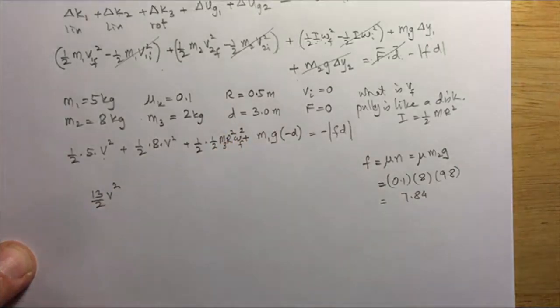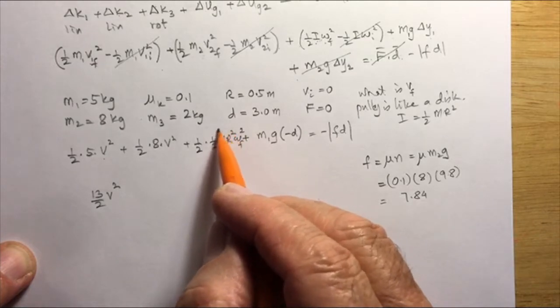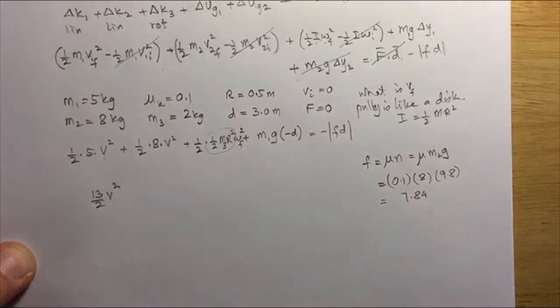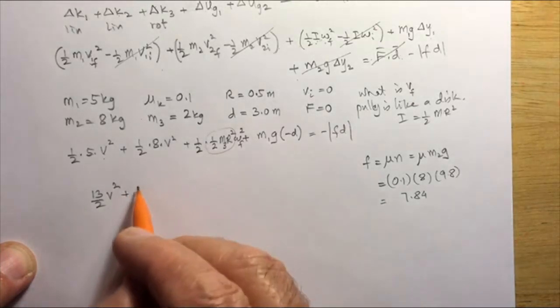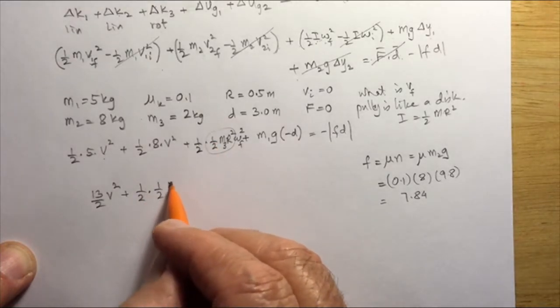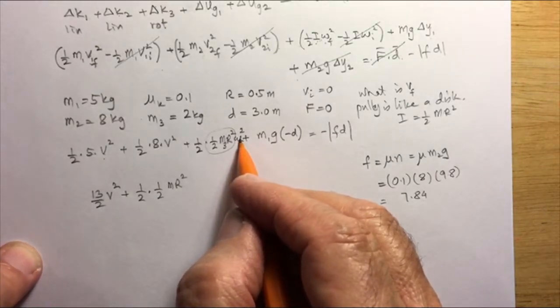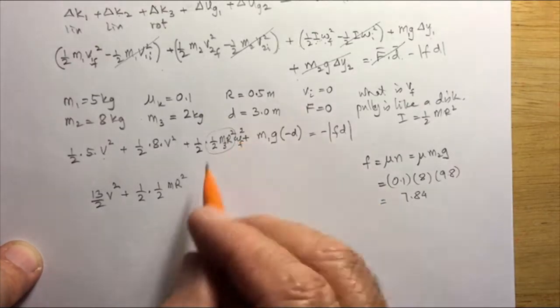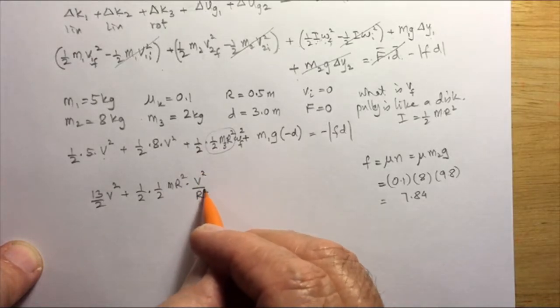And if we look over here, we could first find the moment of inertia and plug that in here, or we could do something else. So we'll do it this way: the half, this half, m r square, and omega is v over r. So it's going to be v square over r square.